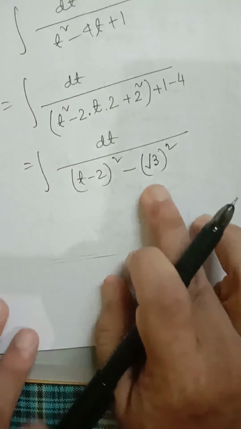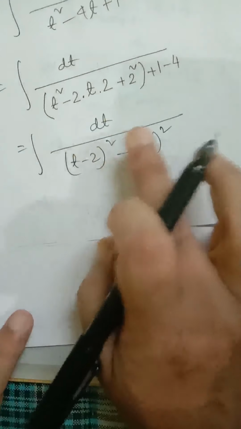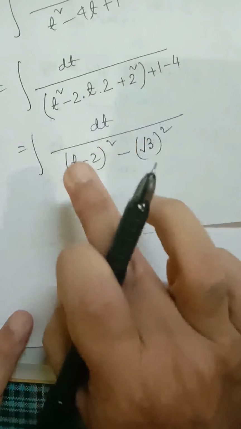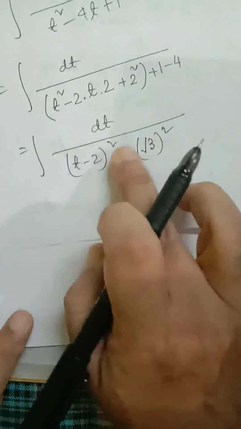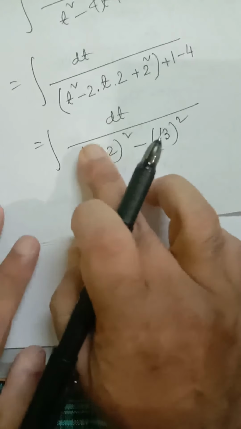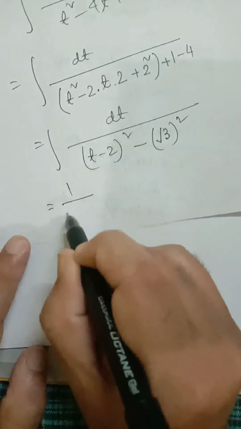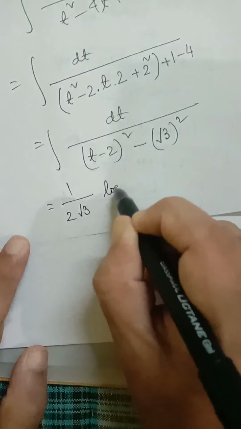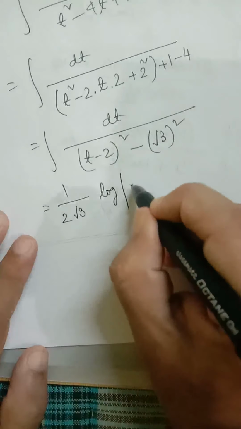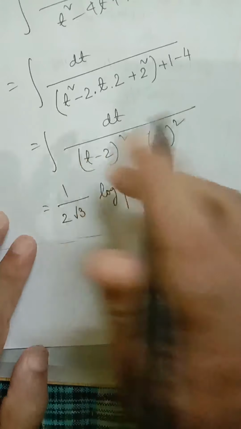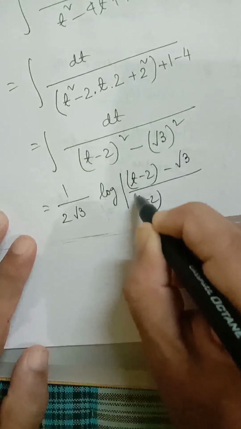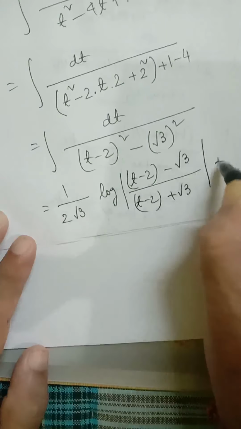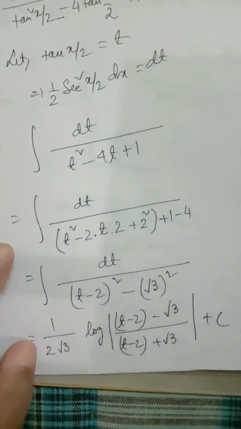Now this integral is of the form dx by x square minus a square. This is in terms of t, so we say dt by t square minus a square form, where t minus 2 is the linear expression. Its integration will be 1 by 2a log of t minus a by t plus a plus c, and we will put t equal to tan x by 2.